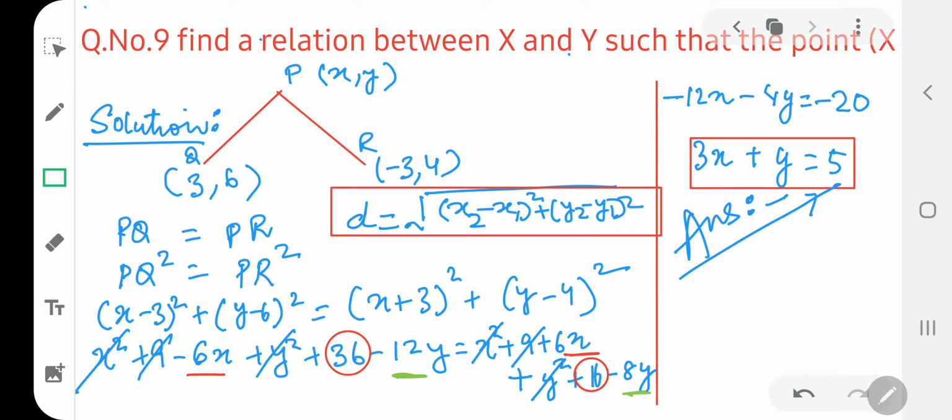If we want to find out distance PQ, it is x minus 3 whole square plus y minus 6 whole square. And now we have to find out the distance PR. Distance PR is x plus 3 whole square plus y minus 4 whole square.